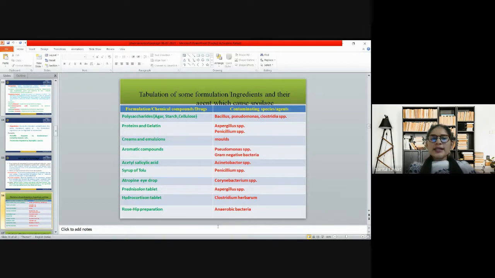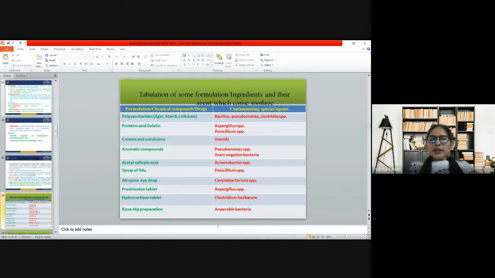Then acetylsalicylic acid is contaminated by Acetobacter species. Then the syrup of tolu is contaminated by Penicillium species. Atropine eye drop is contaminated by Corynebacterium species.